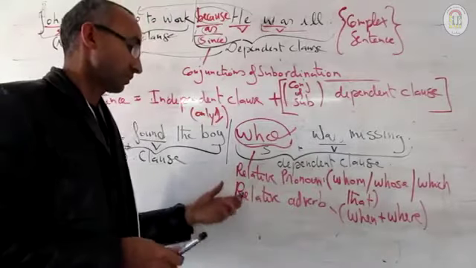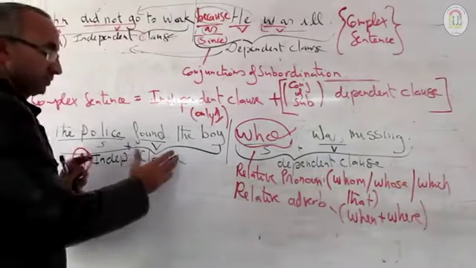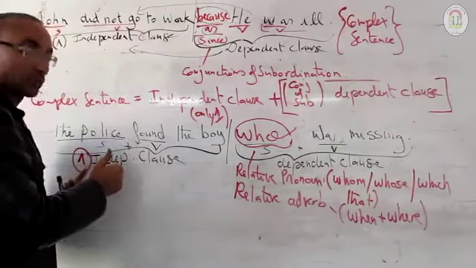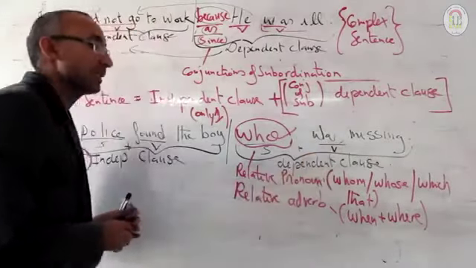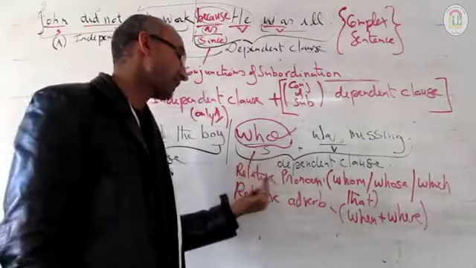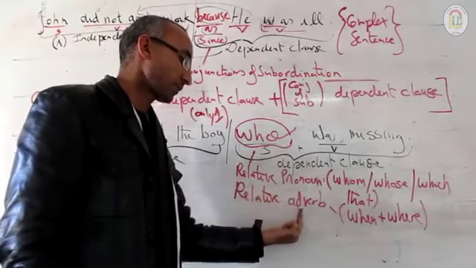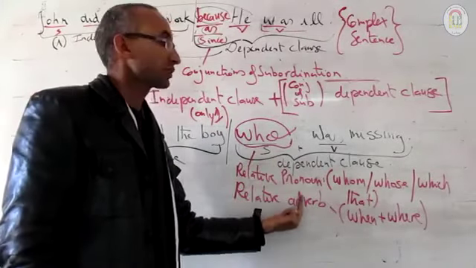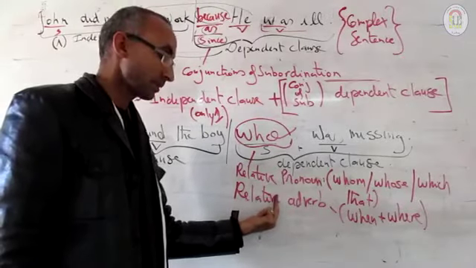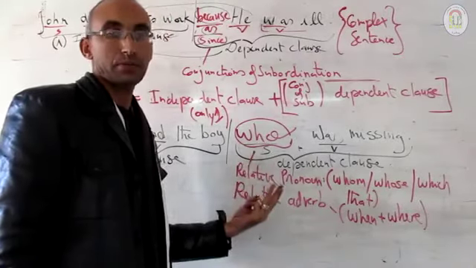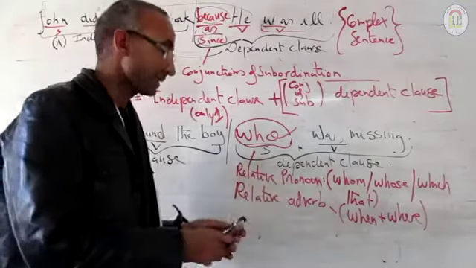Clear? Now, whenever I have only one independent clause joined to another which is dependent by means of one of these relative pronouns or adverbs, here also I have formed my third type, which is the complex sentence.